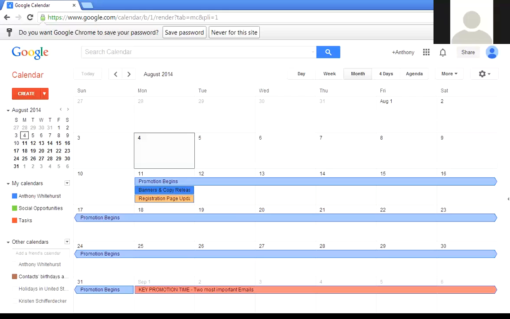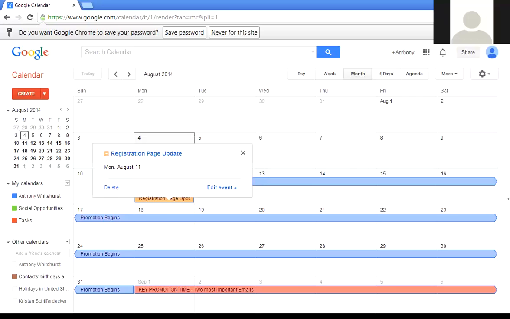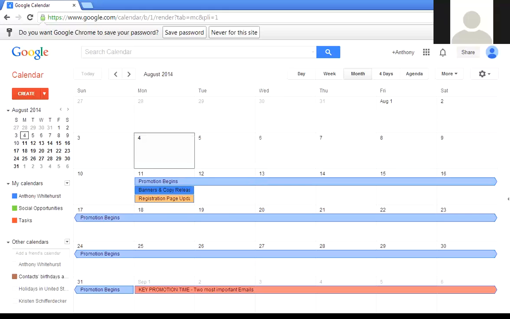We're about a week away, or exactly a week away, from the official promotion when it begins on August 11th. As you see right here, this is where all the banners and copy for the summit are released. The registration page is the finalized registration page that is optimized for people to click through and register.